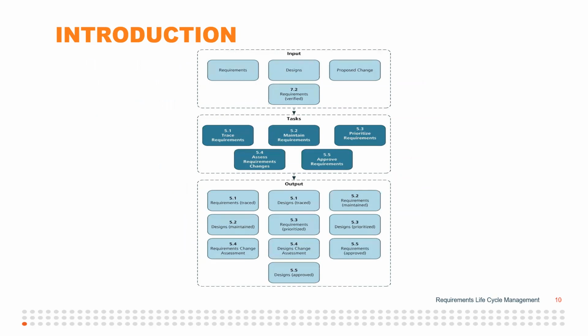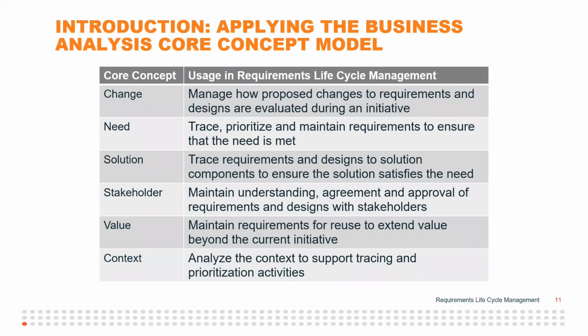And then the outputs, there are quite a few of them: requirements traced, designs traced, the maintained requirements and designs, and the prioritized ones. Then we've got changes and approvals. That all makes fairly good sense right now, right? But just wait till we get into it.